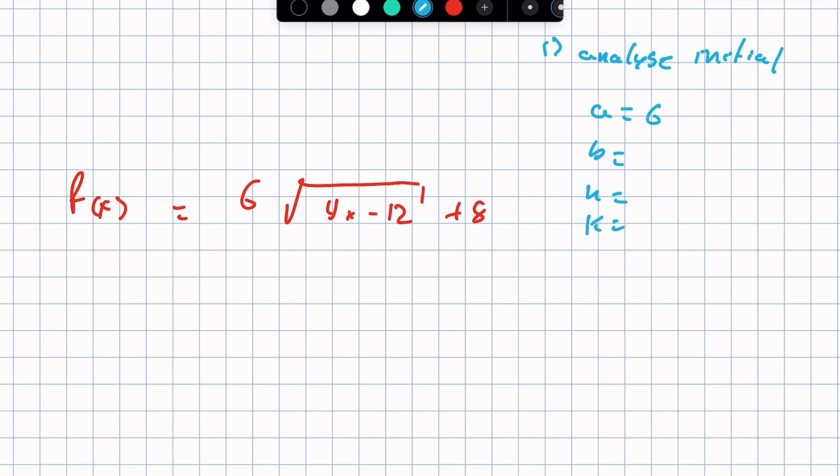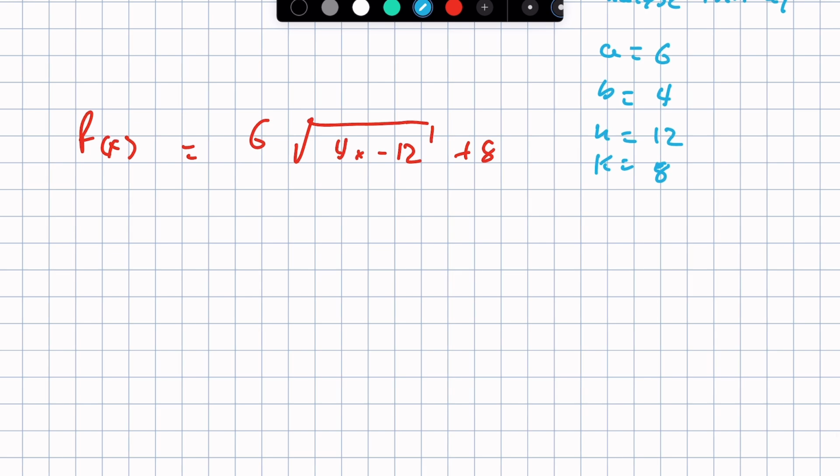The a is 6, the b is 4, h is 12, and k is 8, okay? What you can do is divide it. So 6 racine carrée de 4, x moins 3, plus 8.